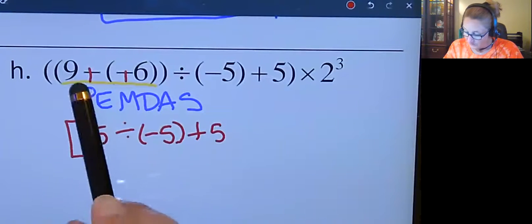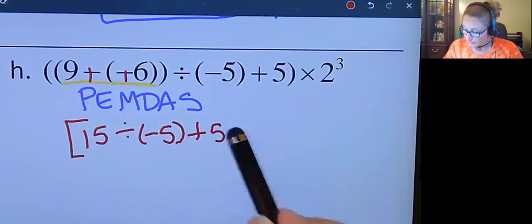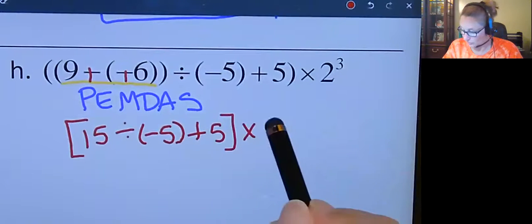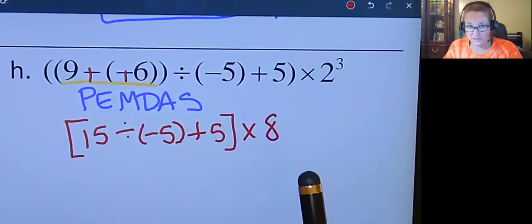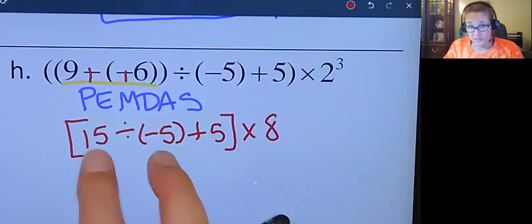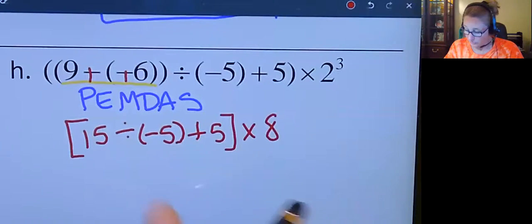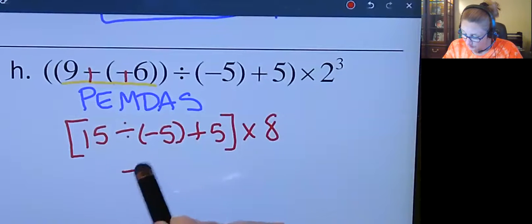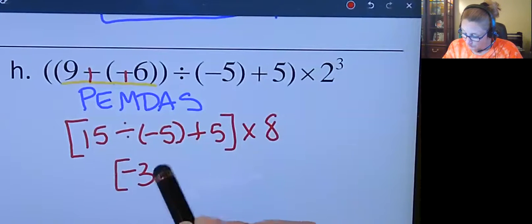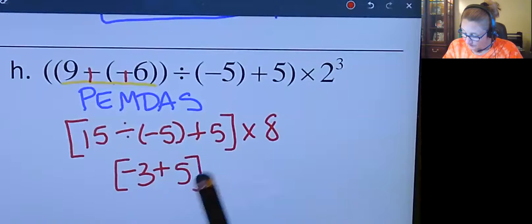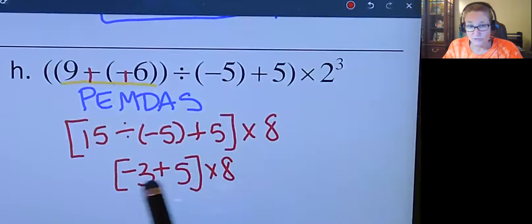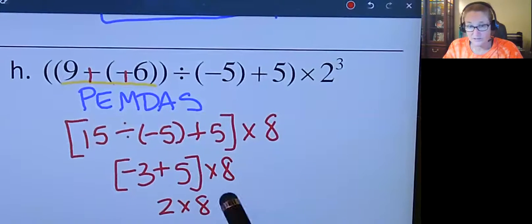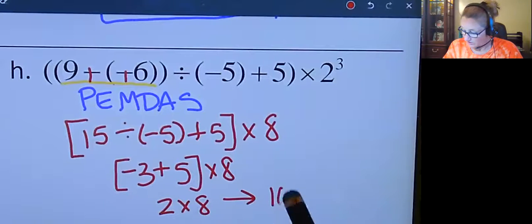So 15 from here divided by negative 5 plus 5 times, and here I can do this 2 to the third, and 2 to the third is 8. So now inside I'm going to be doing division, okay? So 15 divided by negative 5 is negative 3. So now I have negative 3 plus 5 times 8. When I do negative 3 plus 5, I get 2 times 8. And so my answer is going to be 16.